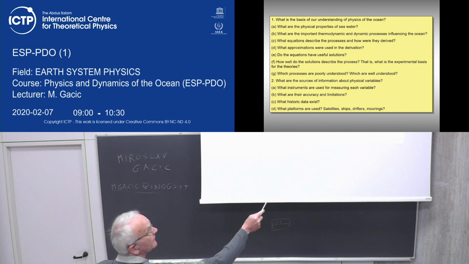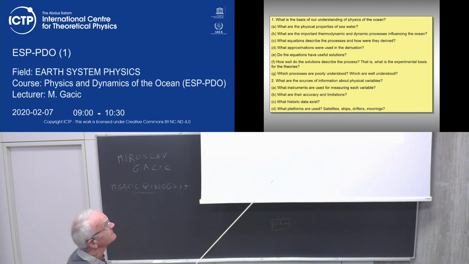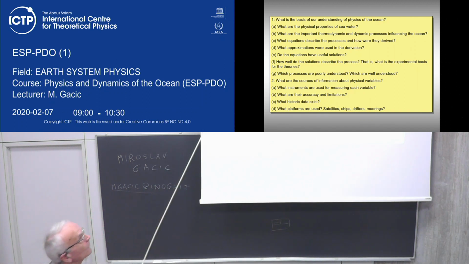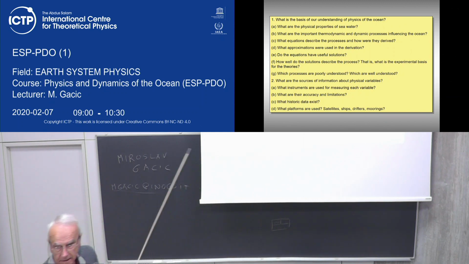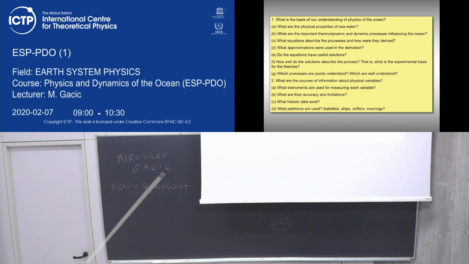And then, what is the experimental basis for the theories? Which processes are poorly understood, which are well understood? This is another thing. When we study the ocean, we would like to concentrate on processes which are poorly understood. The processes which are well understood are not the first priority.